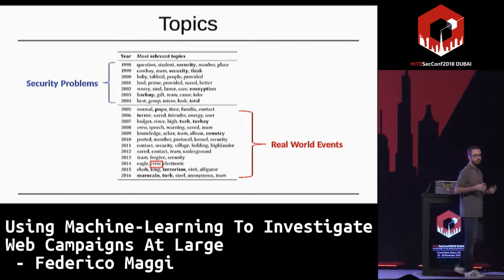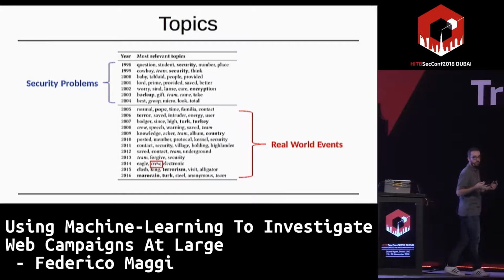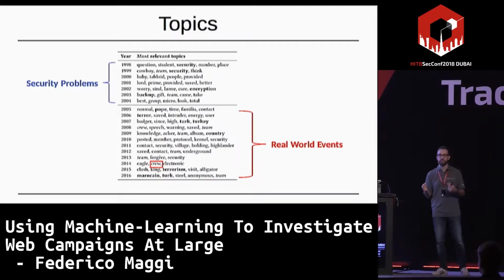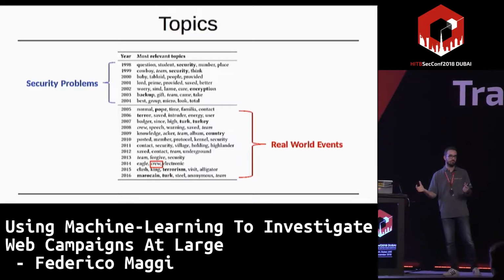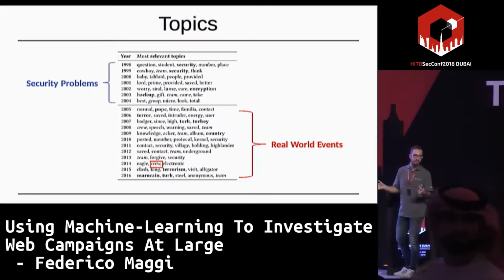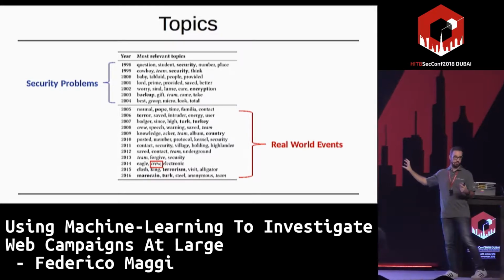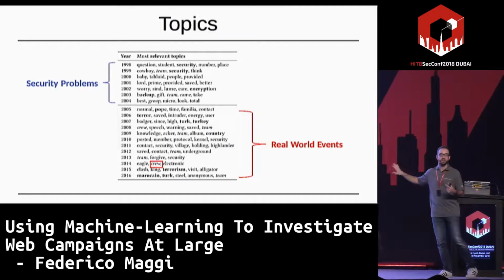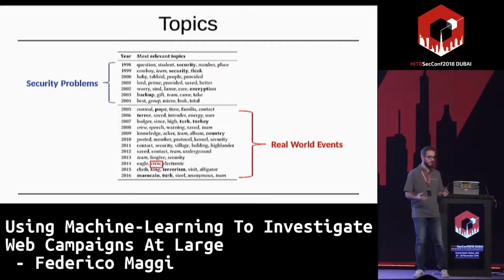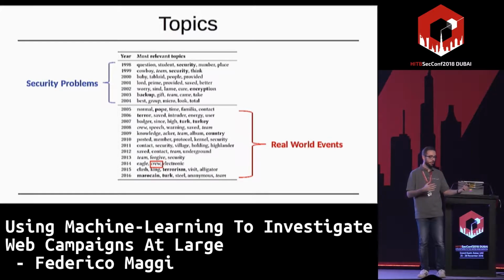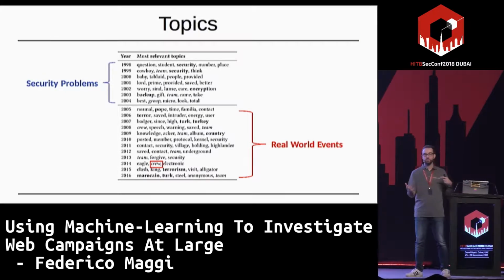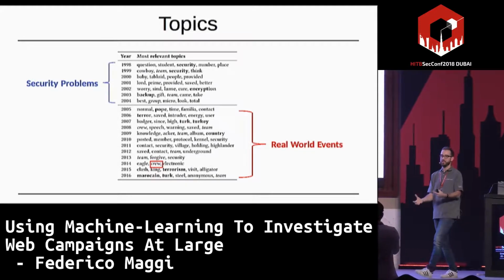Before 2005, I never saw a single word mentioning a real-world fact. Whereas in 2005, when Pope Francis was elected, you could see the word Pope popping up. And after that, you would see other words connected to the real world, like terror, Turkey, country, village, crew, terrorism, something that has to do with real events.